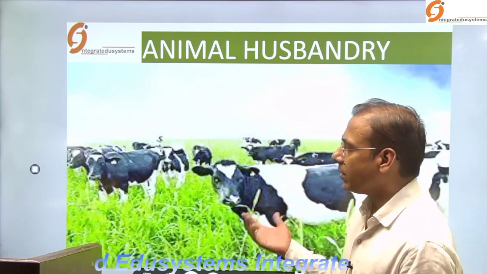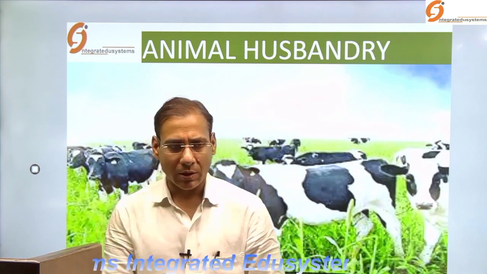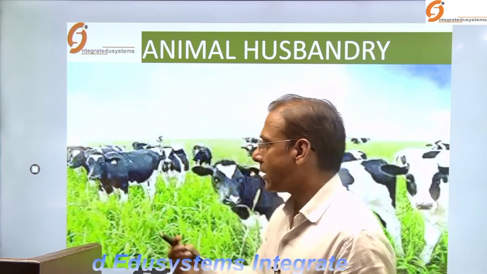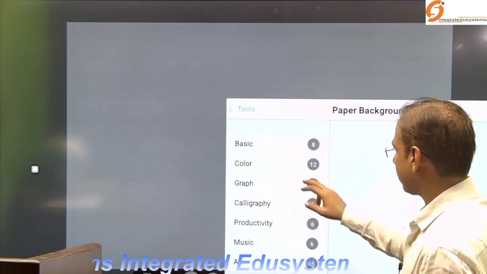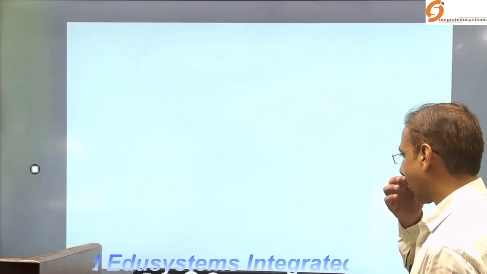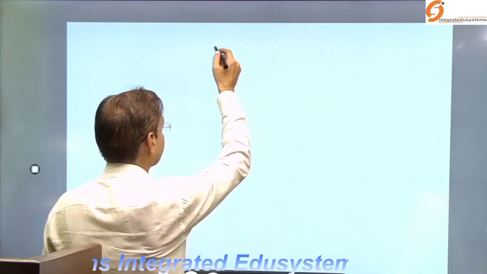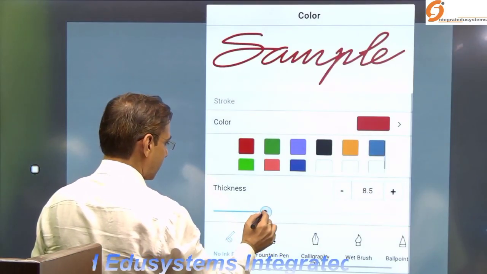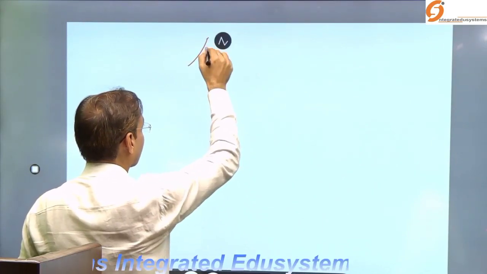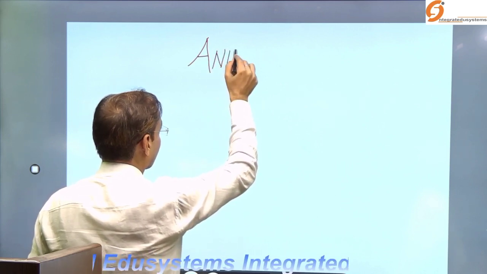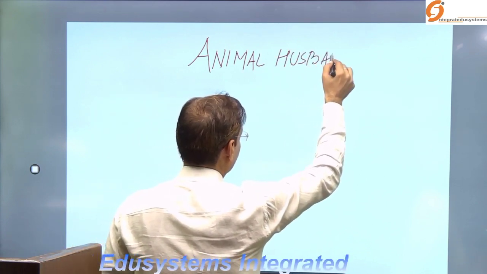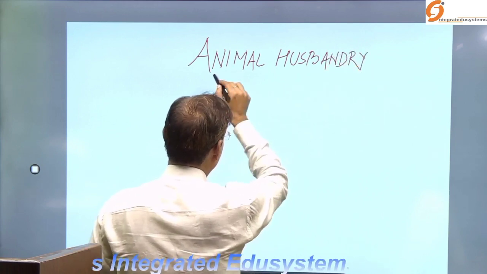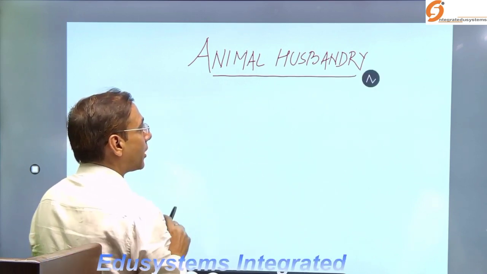So, what is the scenario of animal husbandry in India? We have to learn. How should we cover this topic holistically? Let's understand the structure first. We call it Pashupalan in Hindi.